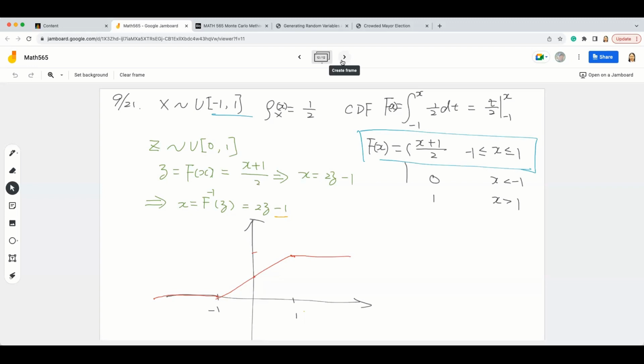So this is the cumulative distribution function. For this case, how can we get its inverse? It is 2z minus 1. Be careful here: z should be from 0 to 1, okay? So 2z minus 1. When z is 0, it's -1 here, and then this is 1.